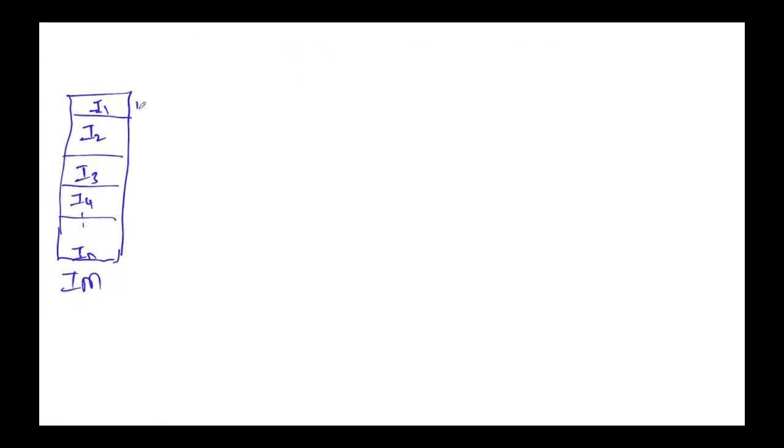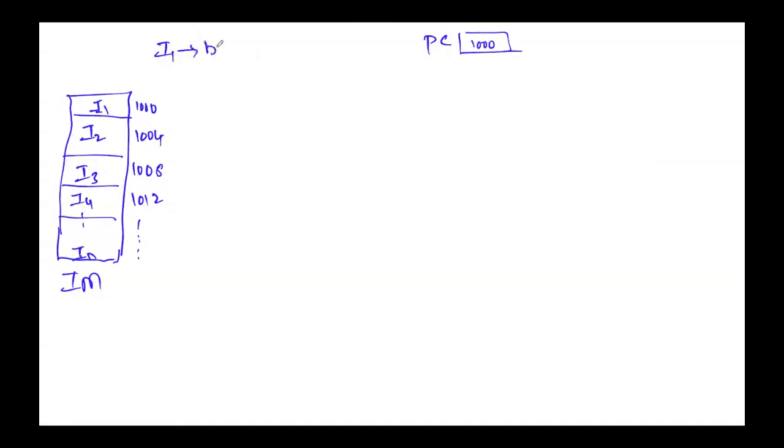The addresses will be 100, 104 bytes, 108, 112, and so on. And we have seen that the program counter holds the address of the first instruction, 100. Assume that instruction 1 is a branch instruction.